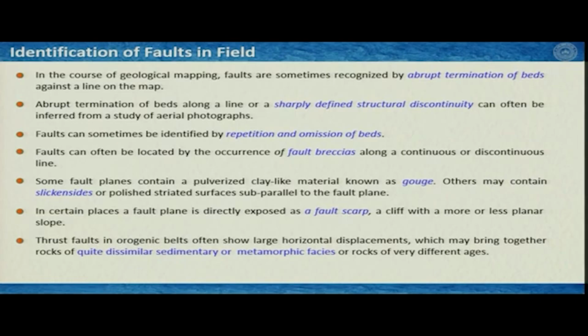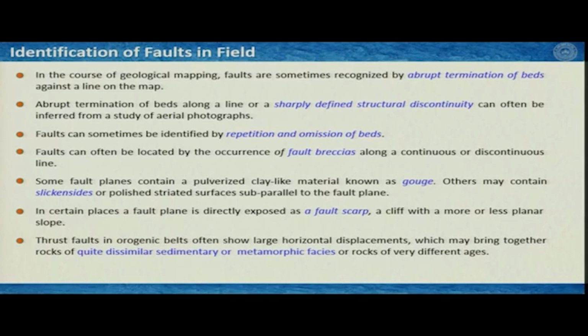Faults can often be located by the occurrence of fault breccias. If you see highly crushed rocks, as we have seen before in the deformation mechanism lectures, along a continuous or discontinuous line, that tells you there must be some sort of fault around you. Some fault planes also contain pulverized clay-like material, which we call fault gouge.